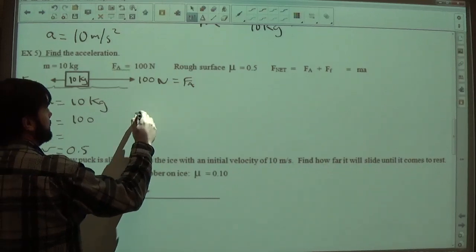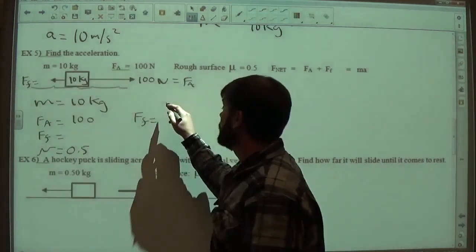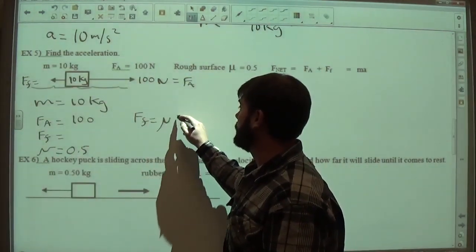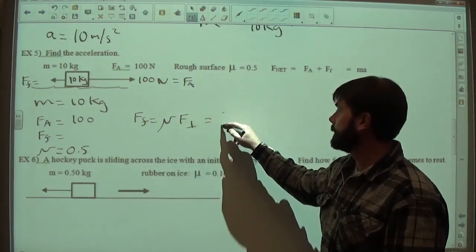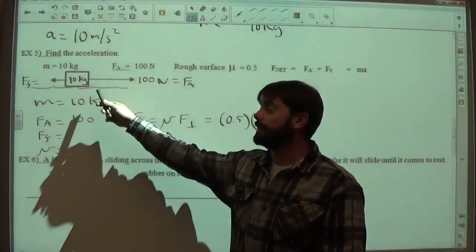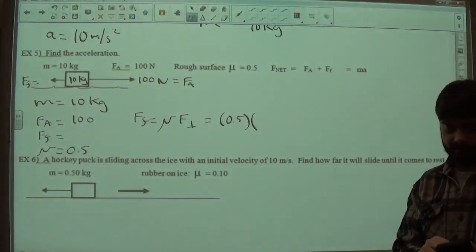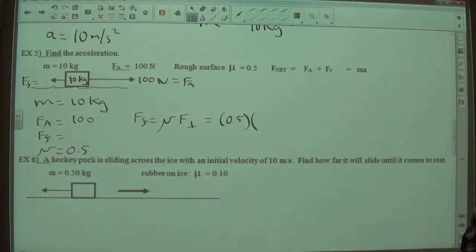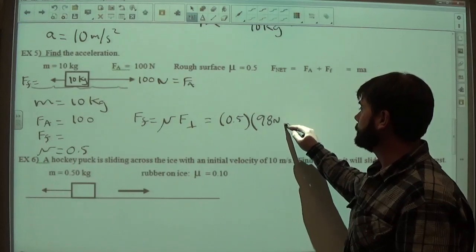So the first thing I want to do is figure out this frictional force. I need my force perpendicular and my mu. The mu itself is 0.5. The force perpendicular is not equal to 10, but it's equal to 10 times 9.8, because we have to change that mass into a force. 10 times 9.8 gives me 98 newtons.